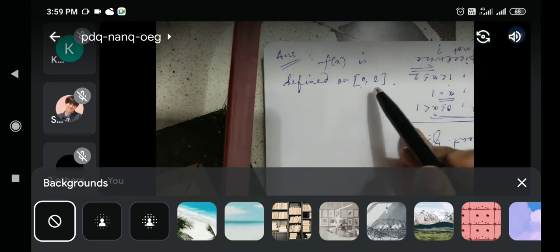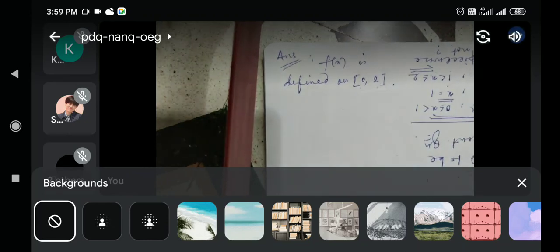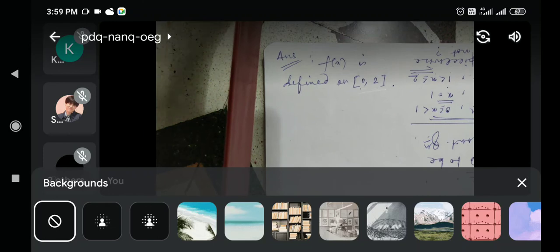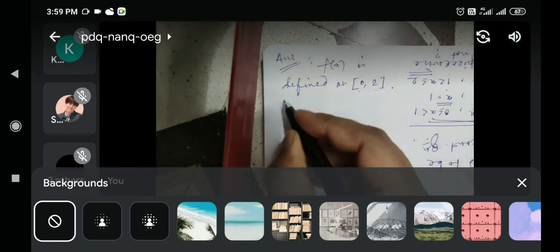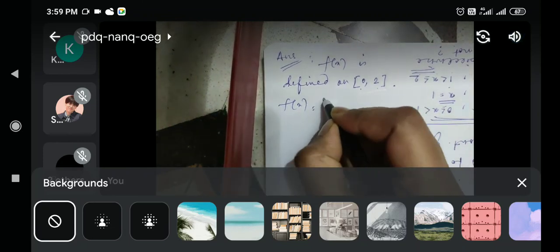Between 0 and 2, at what point could f of x be discontinuous?